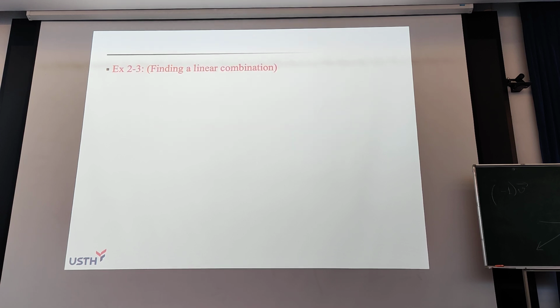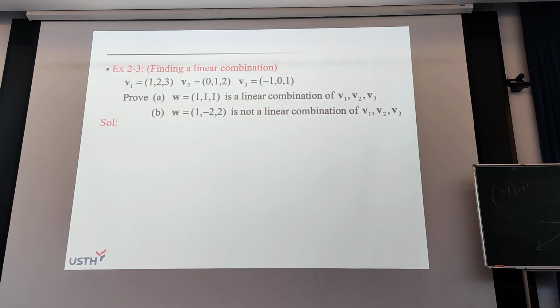And here are some examples for you. You are given v1, v2, v3 like that, and you need to show that one is a linear combination of v1, v2, v3, and that one is not a linear combination of v1, v2, v3. As I told you once again, it takes you back to solving the system of linear equations.